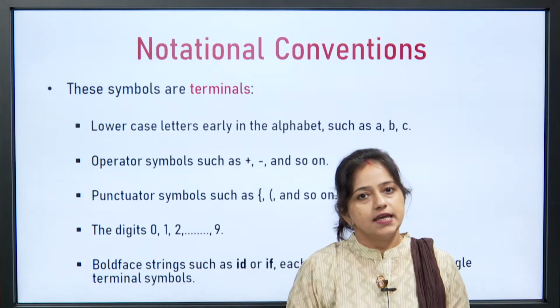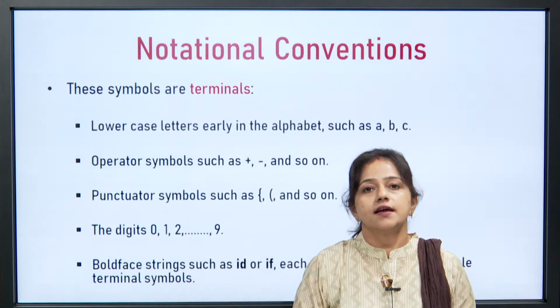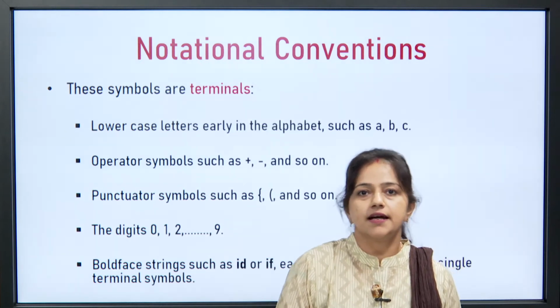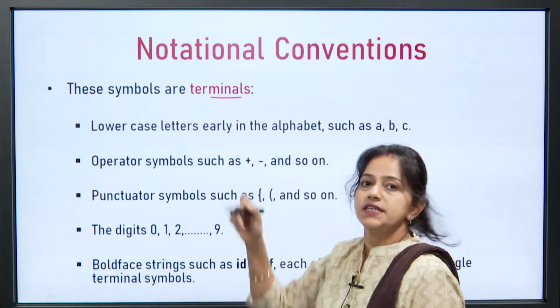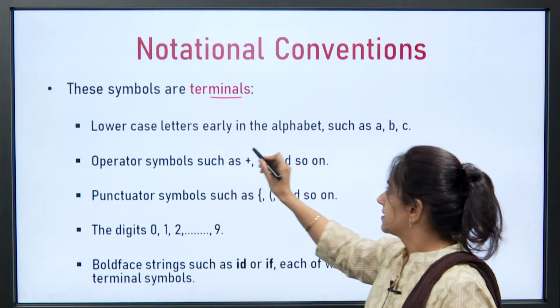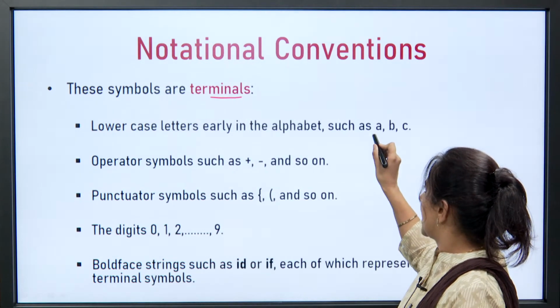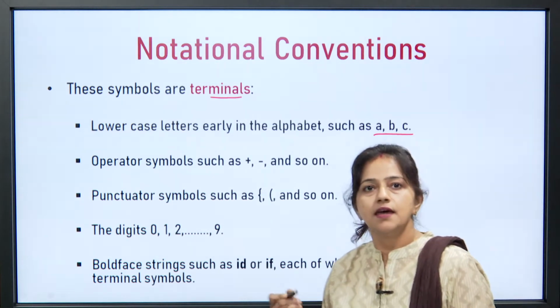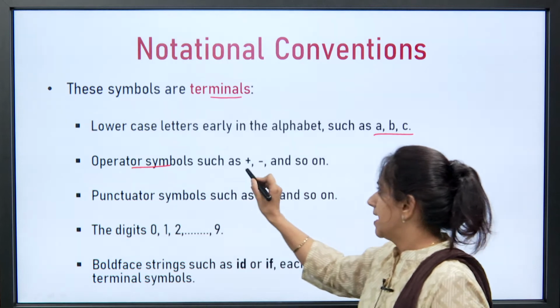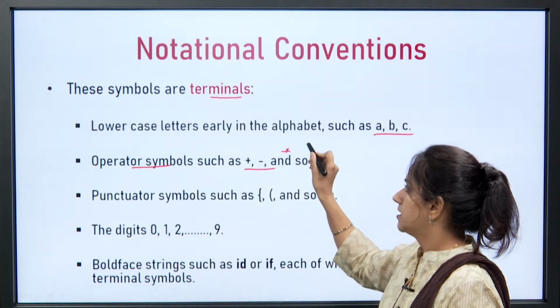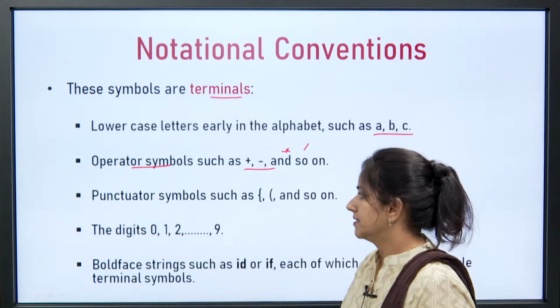Now, very quickly we will go through certain notational conventions that will be used in context free grammar. First, these symbols can be terminals. Lowercase letters early in the alphabet like small a, b, c can be terminals. Similarly, operator symbols like plus, minus, multiplication, division can be terminals.